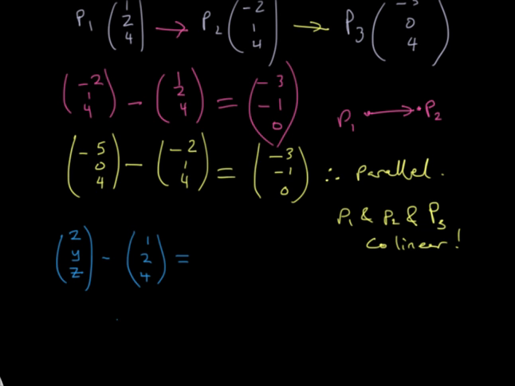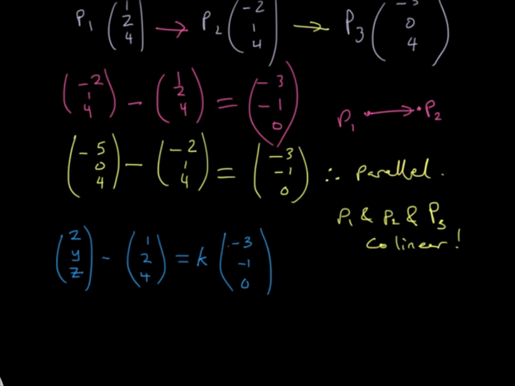So what should this subtraction be? Well, it's going to be parallel to this direction. So actually I can write it down. It doesn't have to be equal. It's going to be parallel. So minus 3, minus 1, and 0 is the direction of these guys. But I don't know if it's going to be equal exactly to this. So I need to put a constant here that says that it's going to be parallel.